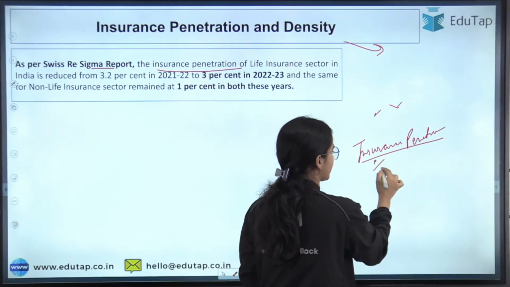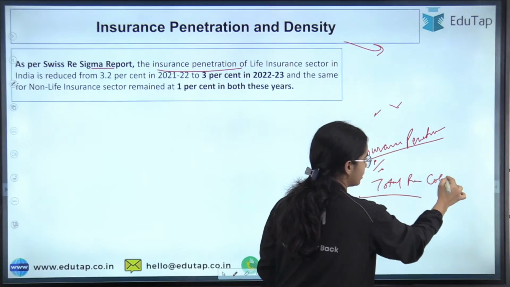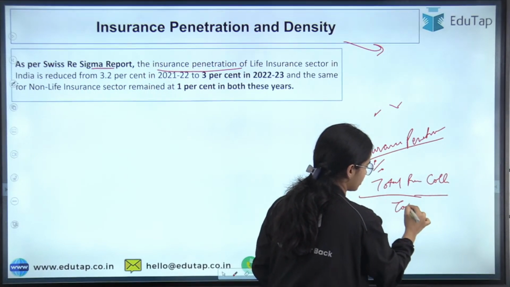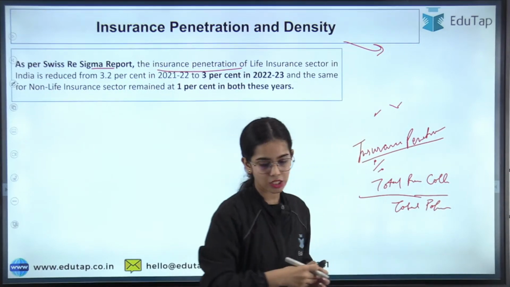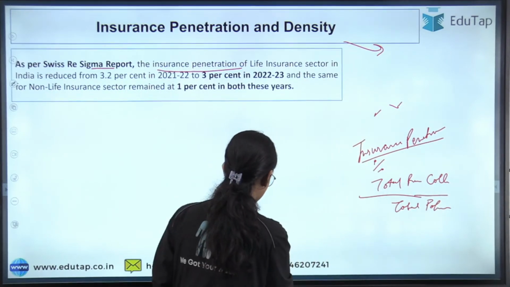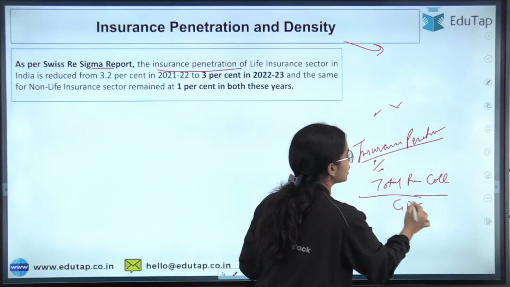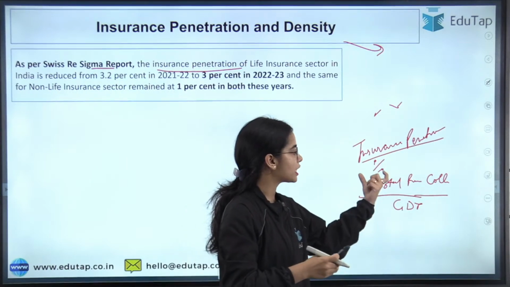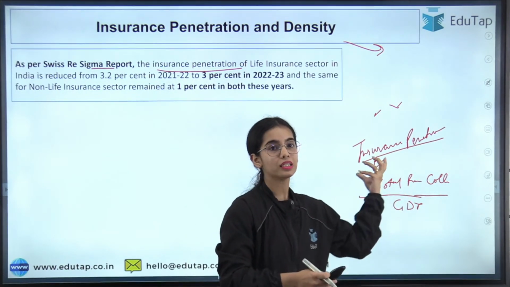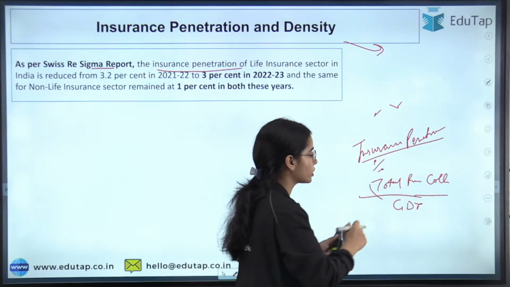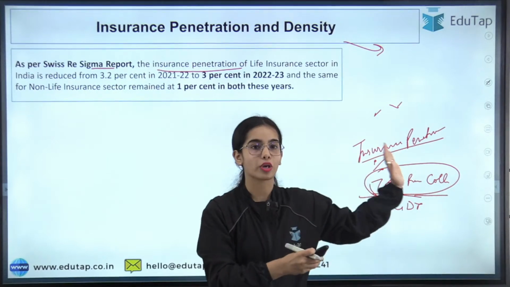This is the total premiums that are collected divided by the GDP. So the insurance penetration is the total premiums that are collected as a percentage of GDP. So that is insurance penetration.